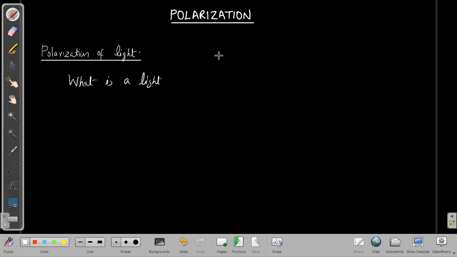So I'm going straight to the answer. There are different theories for light, but to discuss the polarization phenomena, we have to treat light as an electromagnetic wave.